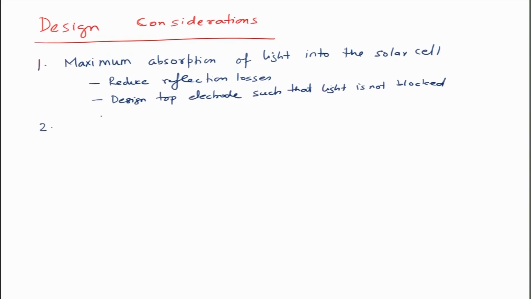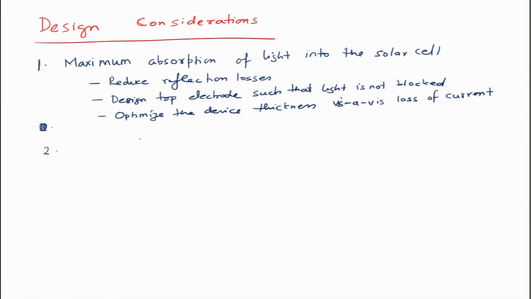What we do in that case is optimize the device thickness. This is with respect to loss of current, because if you make it very thick, then recombination becomes a problem. So you need to optimize the device thickness so that you have maximum absorption and maximum current. There is an optimization between the two.